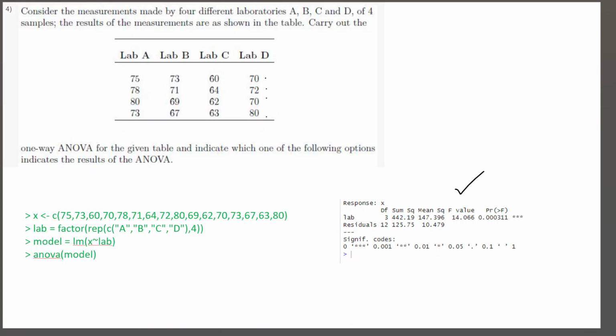In this question, consider the measurements made by four different laboratories, A, B, C, and D, as we have discussed before, and four samples from each lab have been tested, and the results are shown in the table. Carry out the one-way ANOVA test for the given table, which means we have only one dependent variable. Which one of the following options will indicate the results of the ANOVA test?